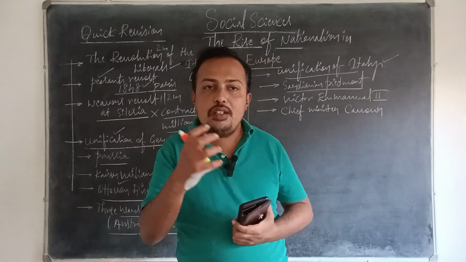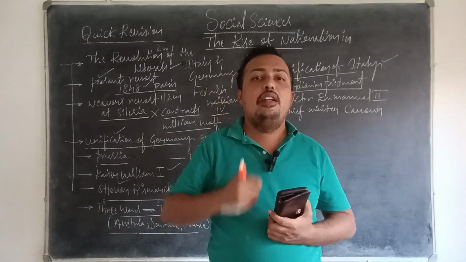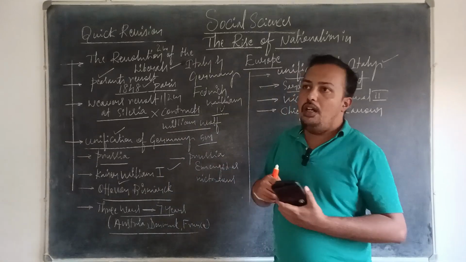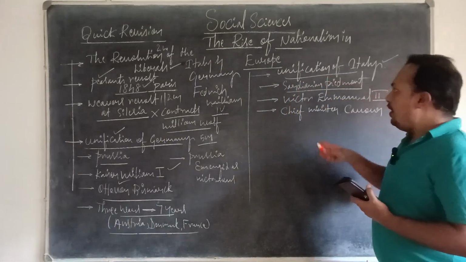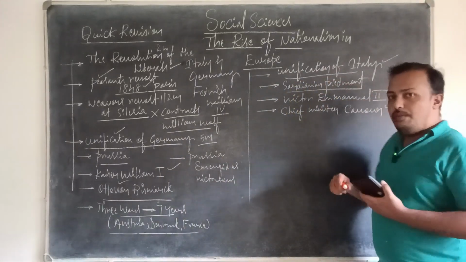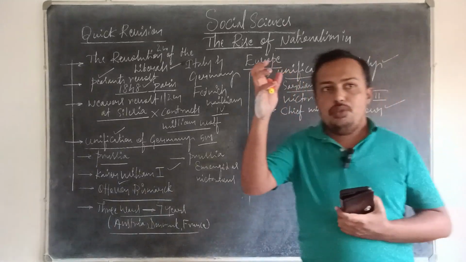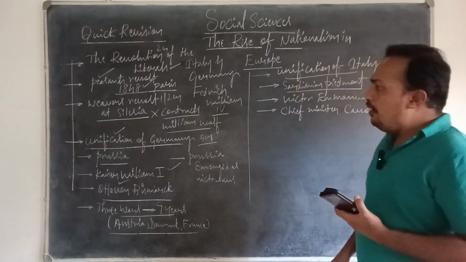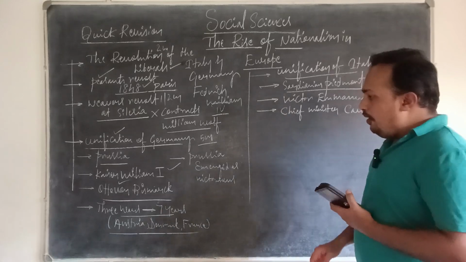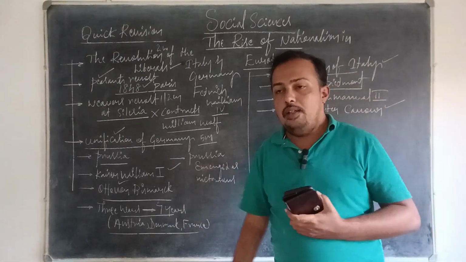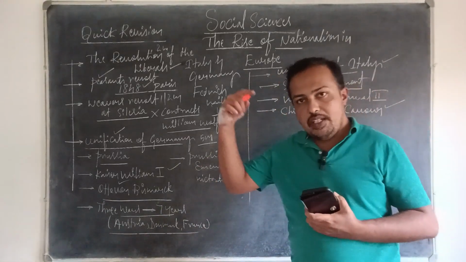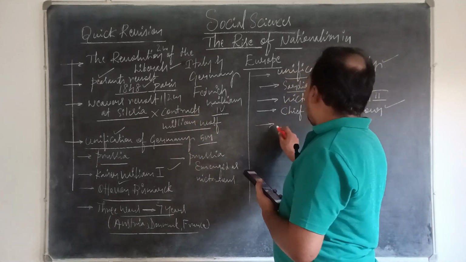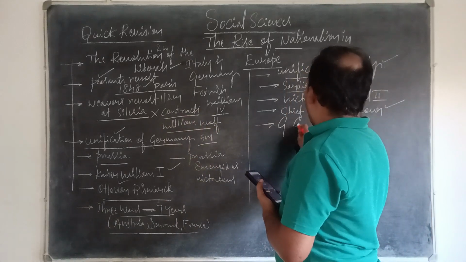The northern parts of Italy were under the control of the Austro-Hungarian Empire. With the help of the French army, Cavour was able to join those northern provinces into the map of Italy, and the southern part was merged into Italy by Giuseppe Mazzini's disciple. Who was that disciple? He was Giuseppe Garibaldi.